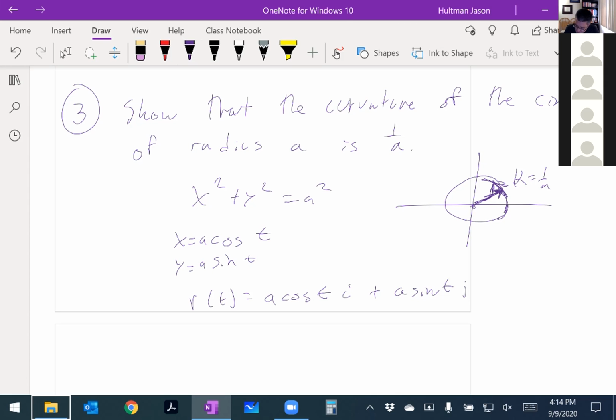I'm sorry if that's a bad drawing. We have the radius a, and the vector here is a cosine t, a sine t. So that's my vector r. a is the radius, but r is the vector.